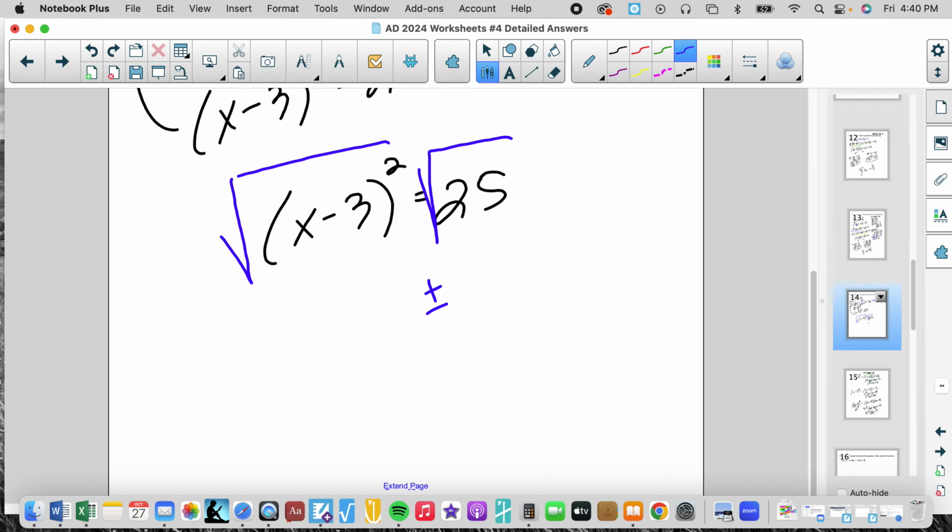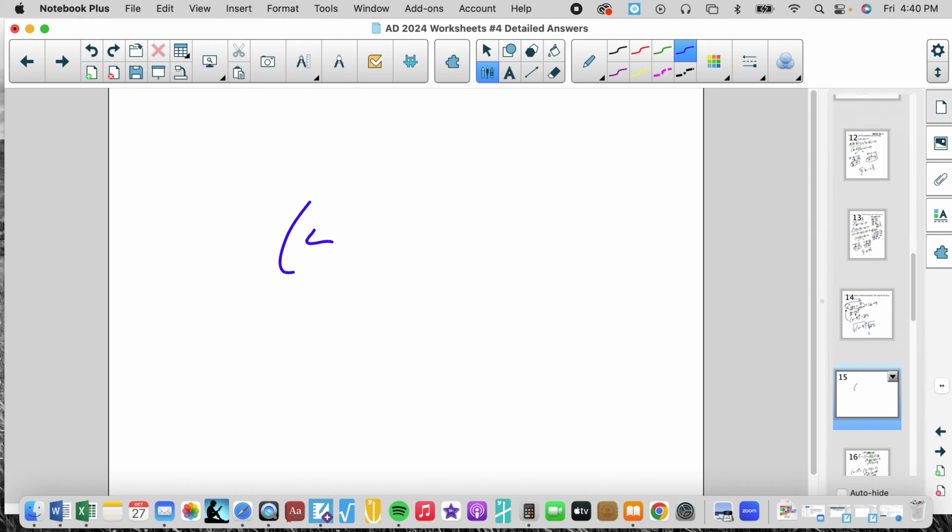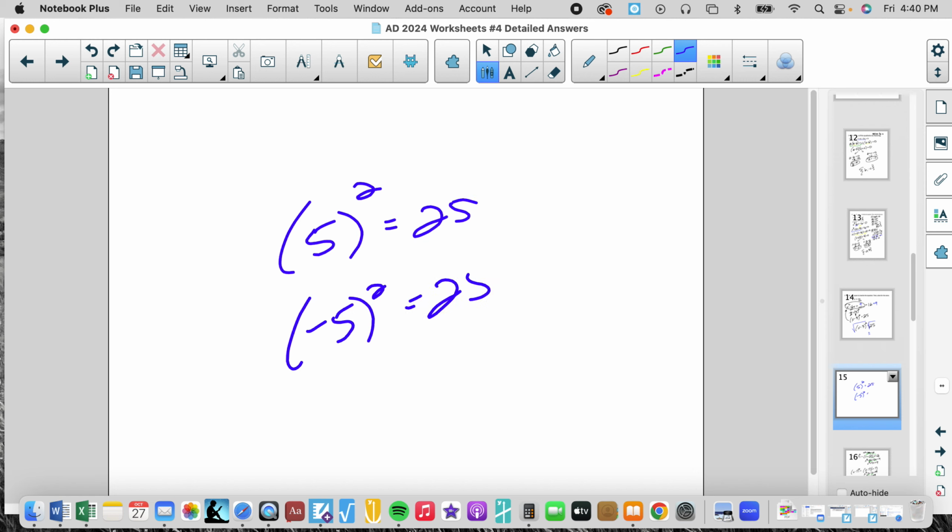Why? Because we know a negative value squared is going to be the same as a positive value squared. If I have 5 squared and negative 5 squared, we notice that they produce the same numbers. So what could have produced that 25? It could have been a negative 5 or a positive 5.